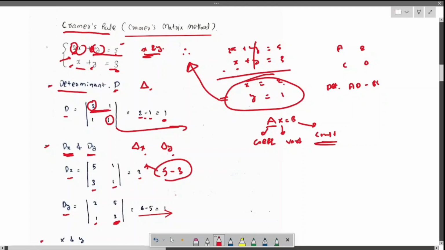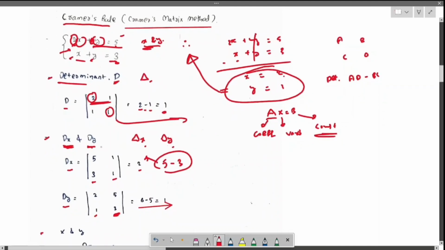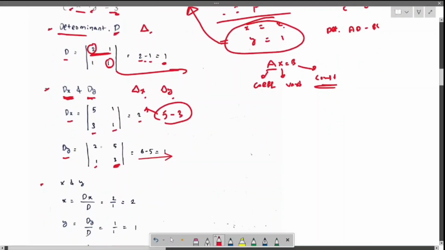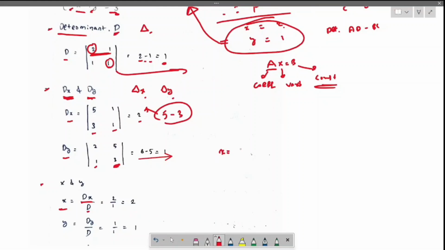Now we are done with Dx and Dy. Then how do we find the x and y values? Simply x equals Dx by D, or delta x by delta.